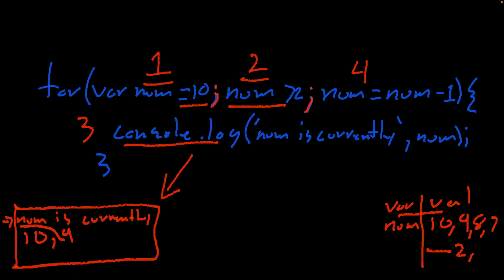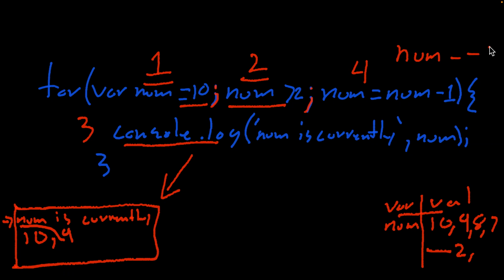Yes, good question, Perna. So you can make this equal num minus minus, and that would be the same thing as num equals num minus 1. Exactly. If it was num plus plus in the same statement, we would be increasing num constantly.